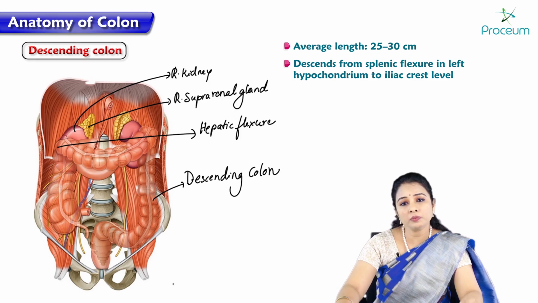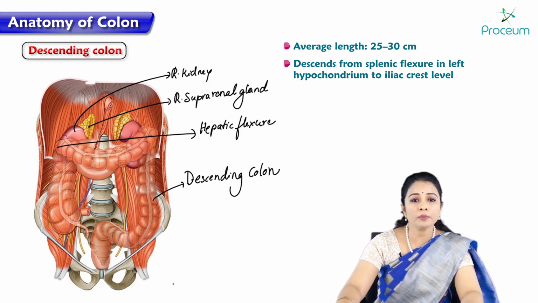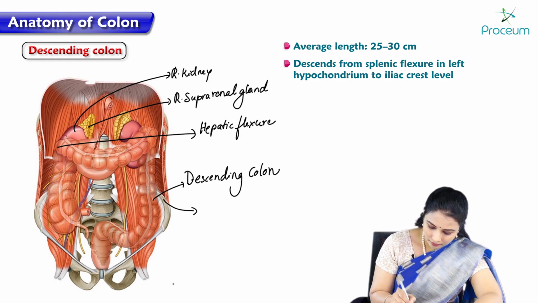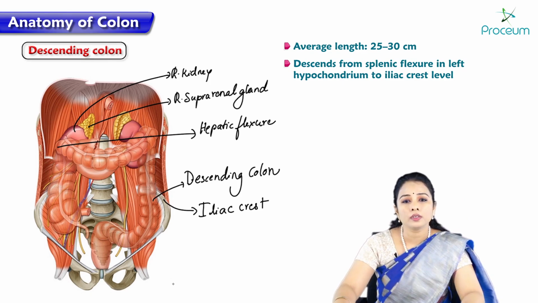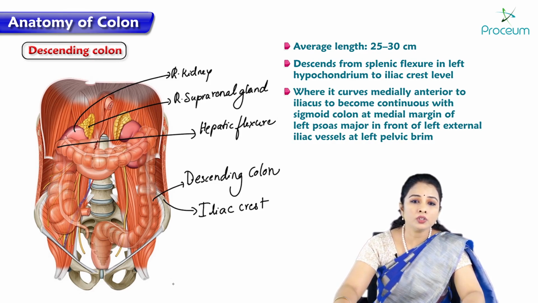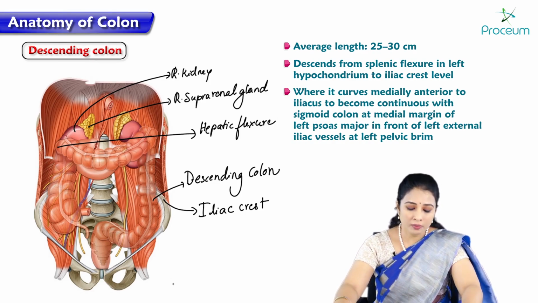It descends from the splenic flexure in the left hypochondrium to the level of iliac crest. And where it curves medially anterior to the iliacus to become continuous with the sigmoid colon at the medial margin of left psoas major muscle.